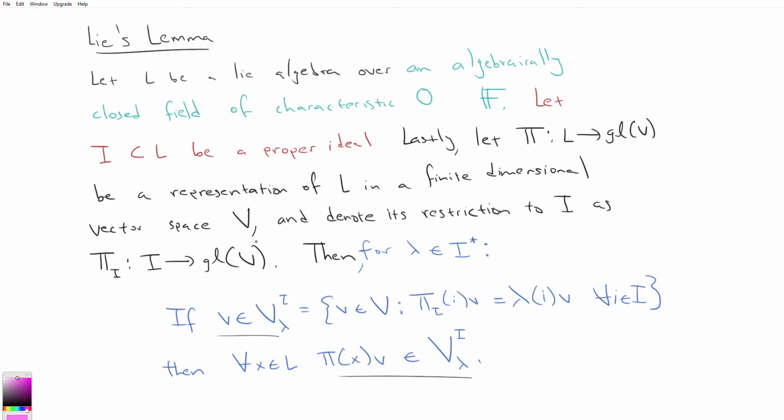And so these are the assumptions. Then, for lambda in the linear functionals of I, in particular, as I said, we really only care about lambda that's a weight, so lambda a weight.